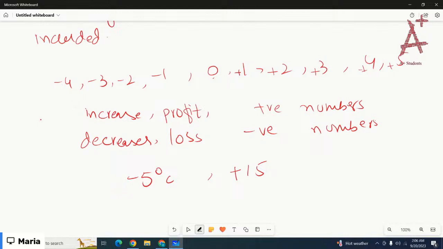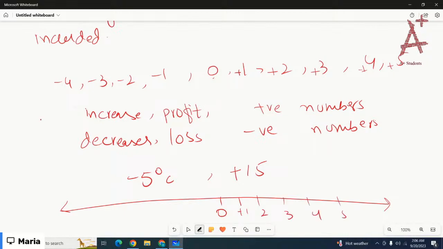Also, you can represent the positive and negative integers on the number line. Here is the number line. Here we have a 0. On the right hand side of the number line, you have all positive numbers 1, 2, 3, 4, 5, and 6. On the left hand side, you have all the negative numbers.